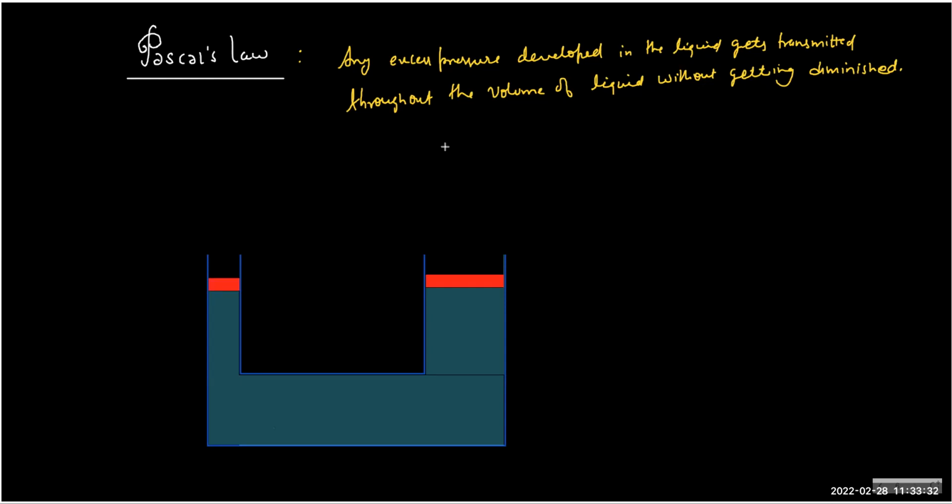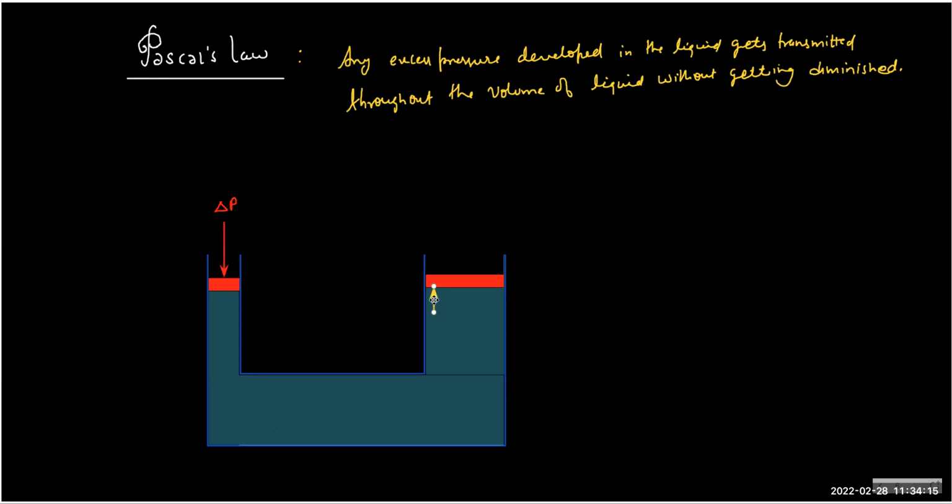Now you can see these are the two places where we can apply the pressure. Generally we apply the pressure near the small cross section using some pressing device. Once you apply the pressure here, the extra pressure which you develop on the left side will get transmitted throughout the volume, and the same pressure, let's say this is delta P, will appear here as a bonus.